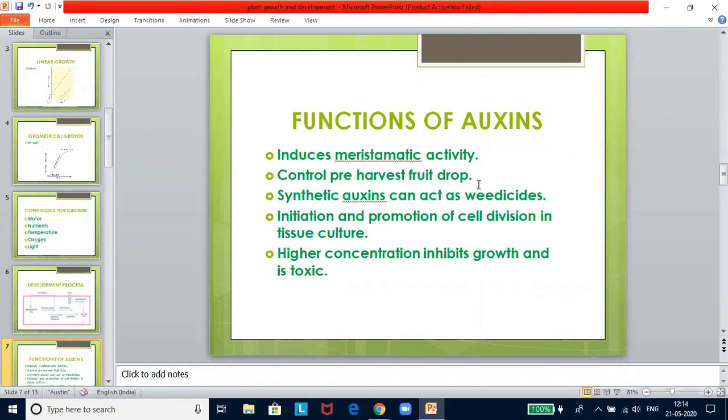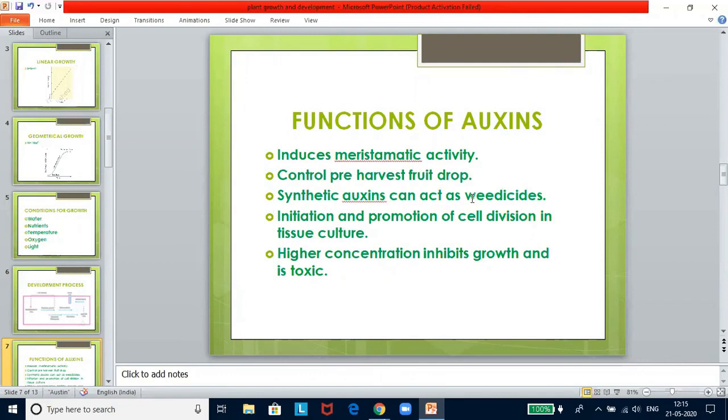So before harvesting, it ensures that the fruit is not going to fall from the tree. The synthetic auxins 2,4-D and 2,4,5-T can be used to kill broadleaf weeds, but for reasons not completely understood at this time, they do not kill the grasses. That means 2,4-D and 2,4,5-T can be used effectively as weedicides.